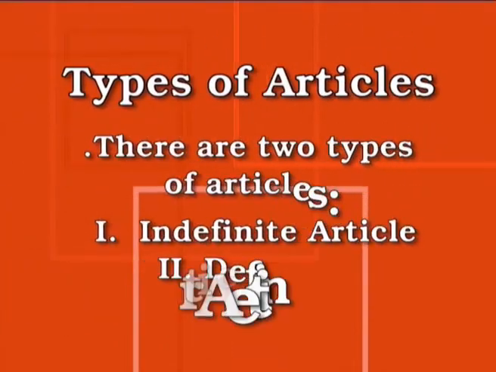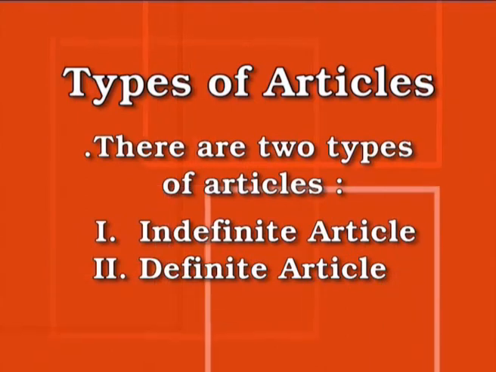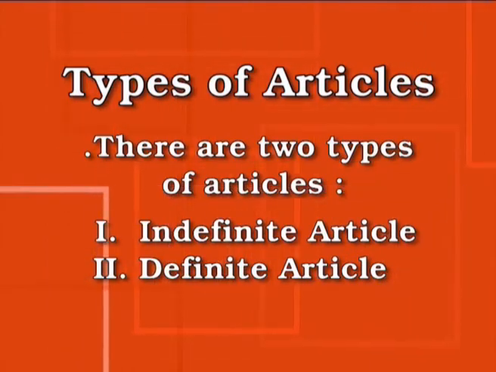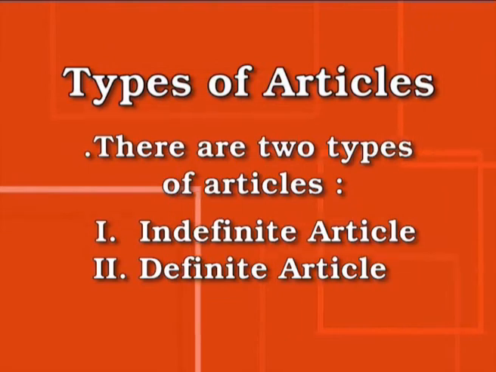There are two types of articles, definite articles and indefinite articles. To begin with, we shall talk about indefinite articles. Indefinite articles are a and an.